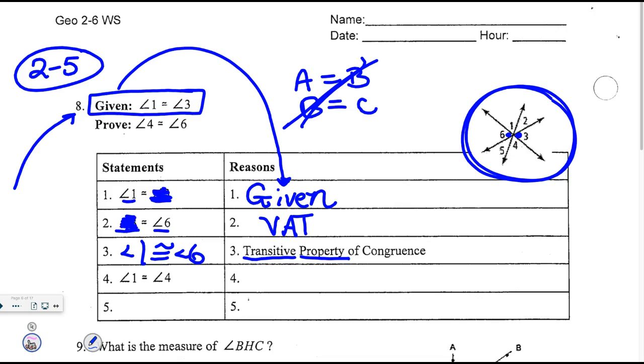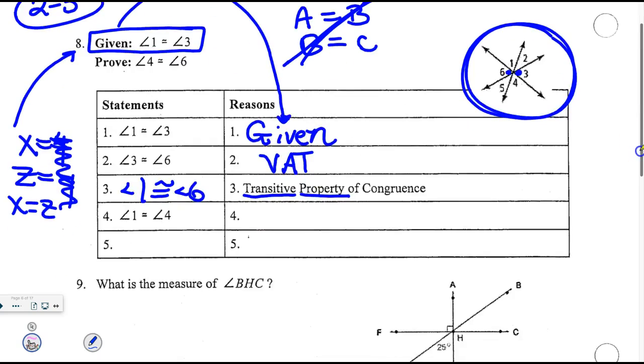So anytime they talk about the transitive property, I call it skip the middleman. So watch this one, Matt. If X is Y and Z is Y, I don't need you. X is Z. That's called the transitive property. What's it called? Transitive property. Now go to the picture.